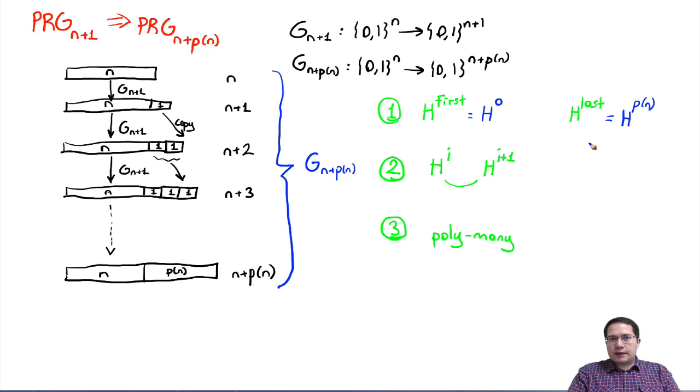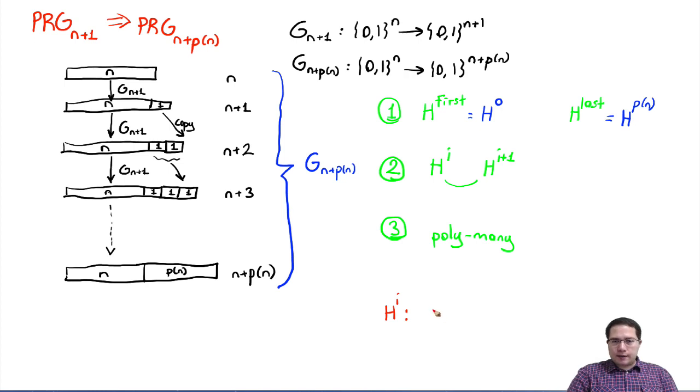Let us define our hybrids for this particular proof, and then it will all become more clear. We will define hybrid I as follows for this particular proof.